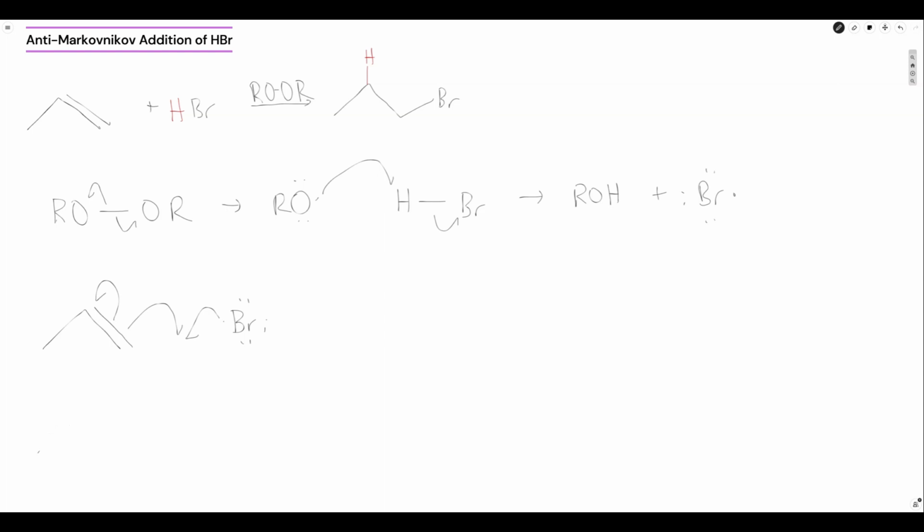And actually, we can show this in 2 steps if it makes it easier, such that you can basically represent this as a diradical. I don't think it's correct, but just to do the accounting so that it's clear what's happening, this is what we've shown above.